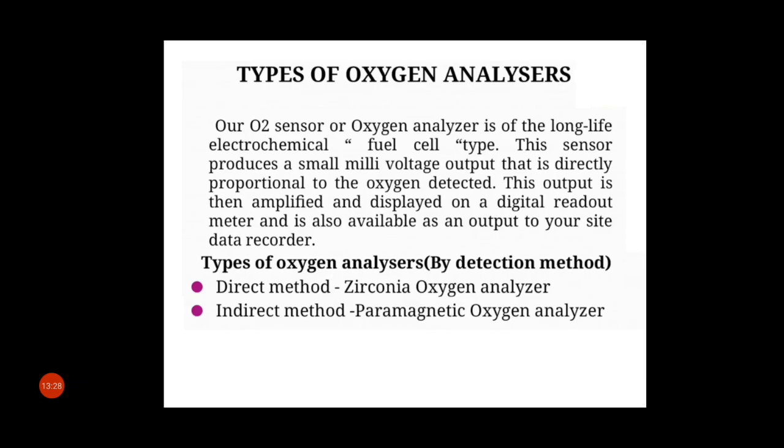Here we will discuss two techniques. First is the zirconia oxygen analyzer, which is the direct method, and after that I will discuss the paramagnetic oxygen analyzer, which is the indirect method for oxygen analyzing.